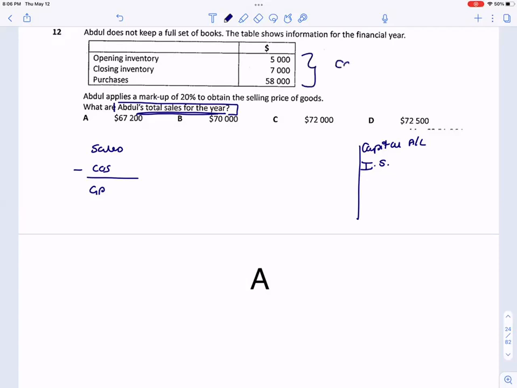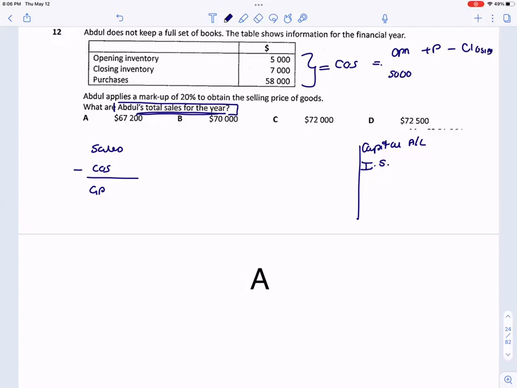Prisha, can you give me the cost of sales formula? Opening inventory plus purchases minus closing inventory.